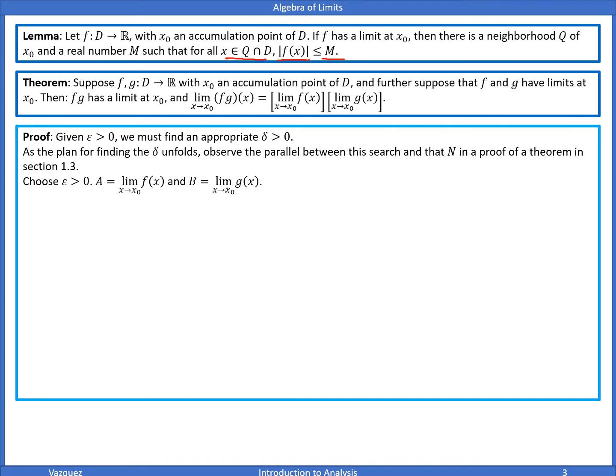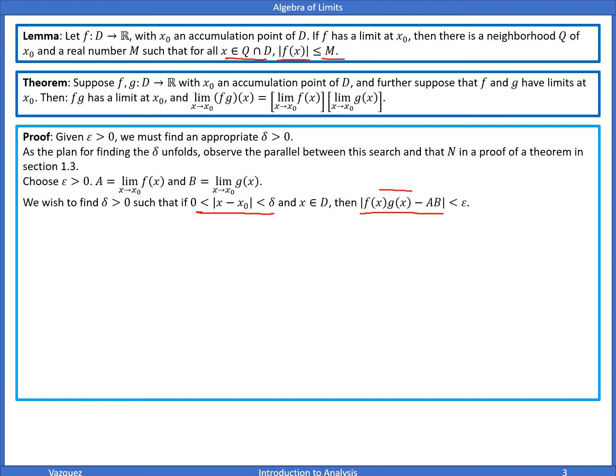So first, choose an epsilon greater than 0. We're going to denote A as the limit of f of x and B as the limit of g of x. Like it says here, we wish to find a delta greater than 0 such that, given this, if this, then this is less than epsilon.